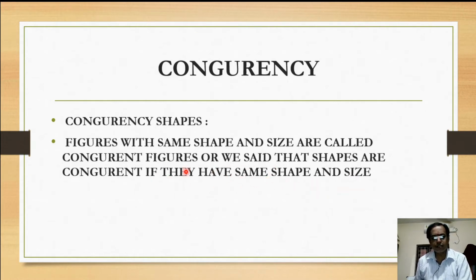You can say so many examples: two cricket balls or two mathematics books of the same class. You can observe many shapes which have the same shape and size. Objects with the same shape and size are called congruent figures.